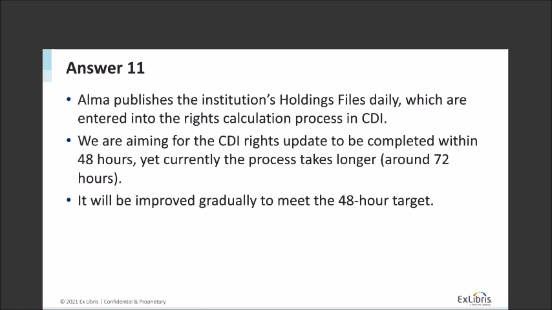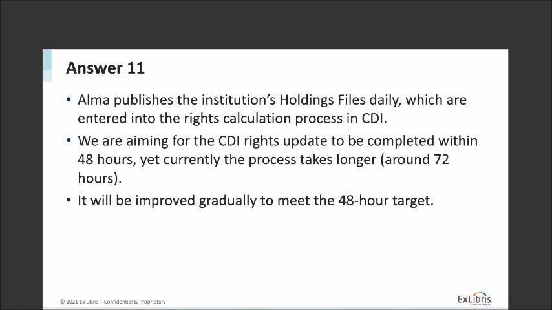The rights process now takes up to 72 hours, and we are aiming for the CDI rights update to be completed within 48 hours. This is one of the known issues in CDI, and it's published in the documentation of the known issues. The development team is working on it very hard as we speak.